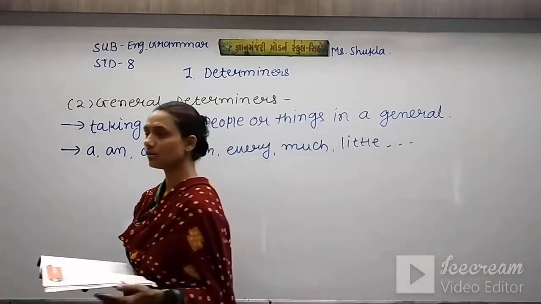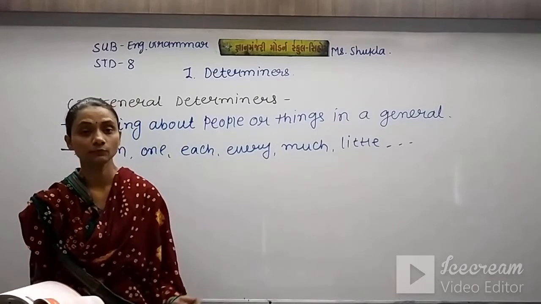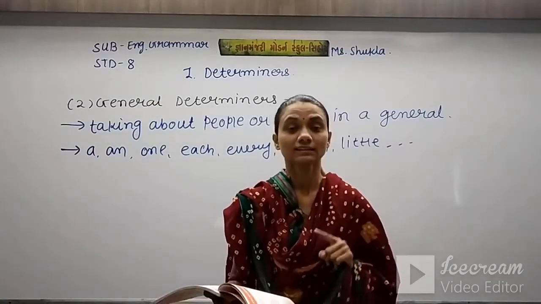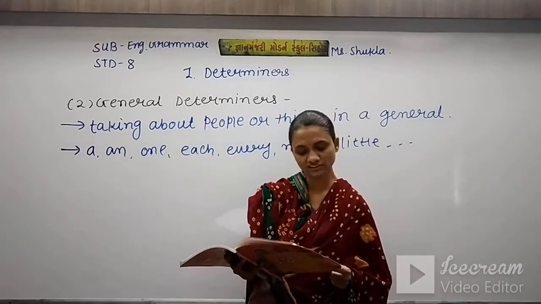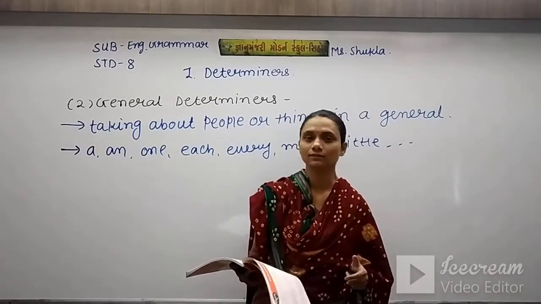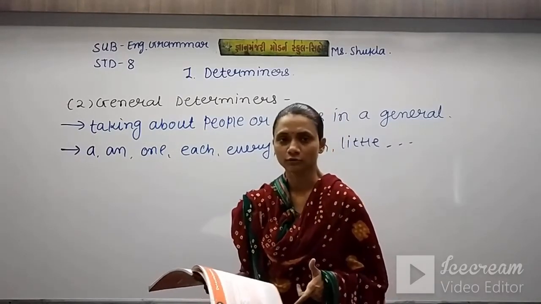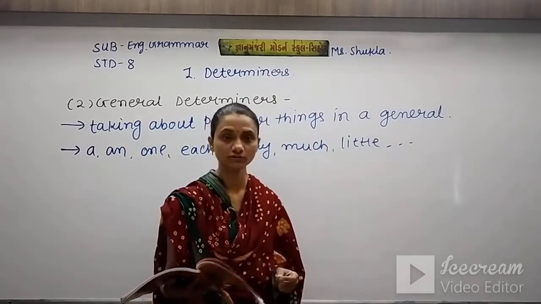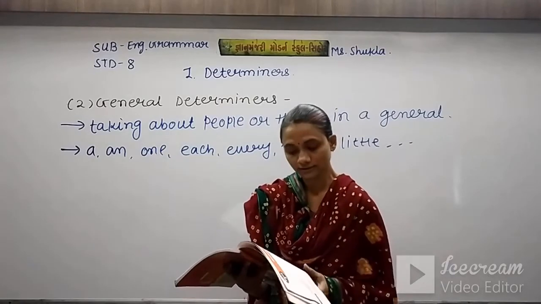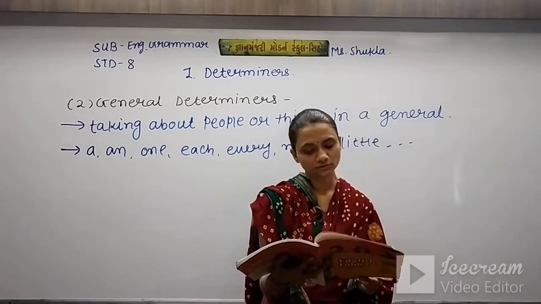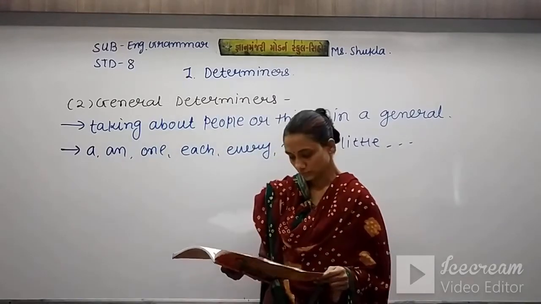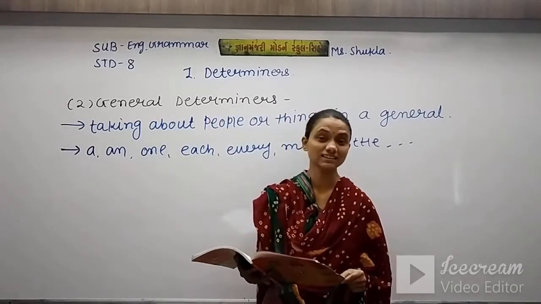It means when you talk about determiners, you must have the idea that determiners include these 6 types of grammar topics, that is articles, possessive adjectives, demonstrative adjectives and all. Okay students, so this is determiners.